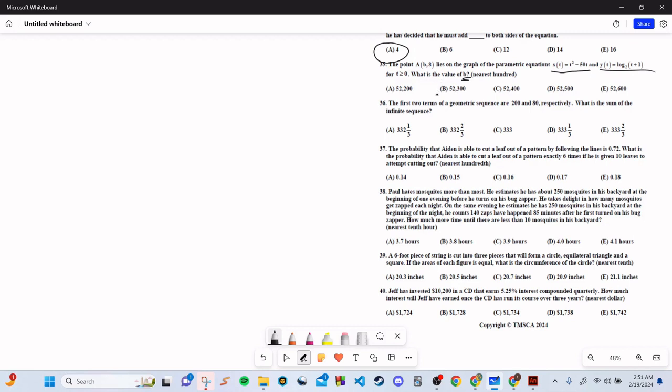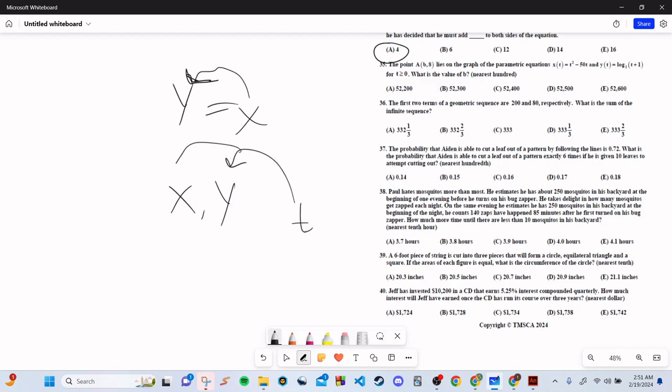Okay, so the thing to know is that for parametric equations, typically for most equations, you define y as a function of x. Like, x is the independent or y is the dependent. With parametrics, both x and y are dependent. They depend on t, which is time.